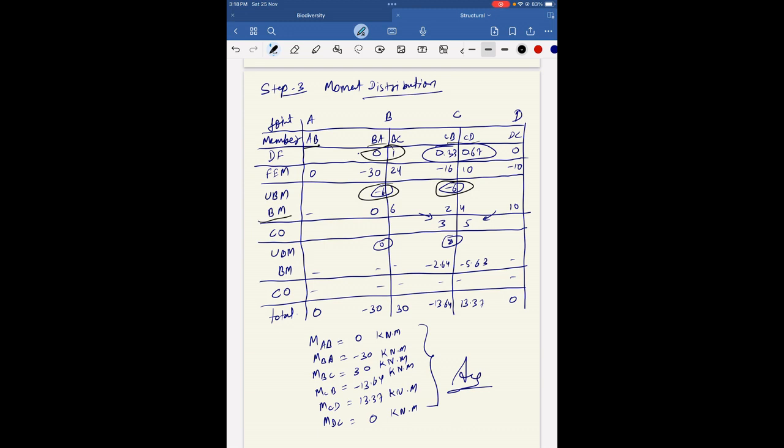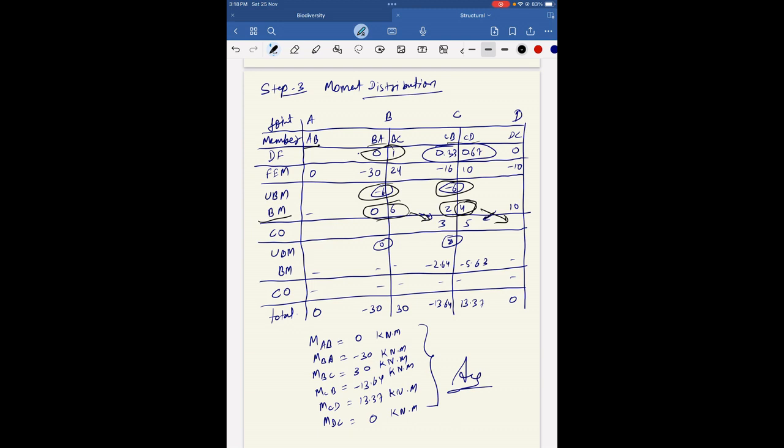So we balance the moment according to distribution factor on both members and both joints. So at joint C we have 3, 2 and 4, and at B we have 0 and 6. Now here the moment carries forward towards this. Here this 4 does not carry over to the other side because D is pin support.